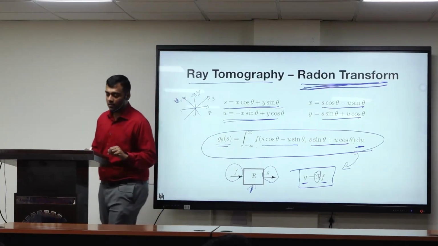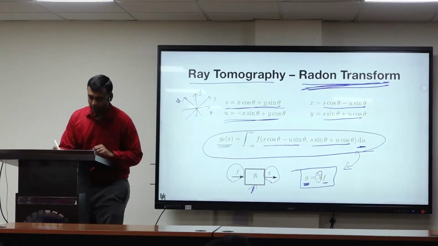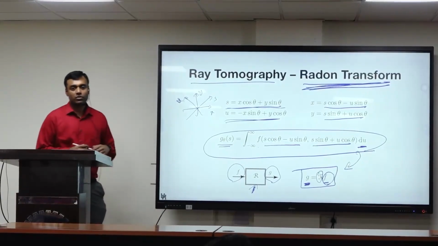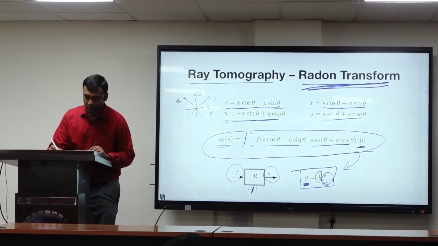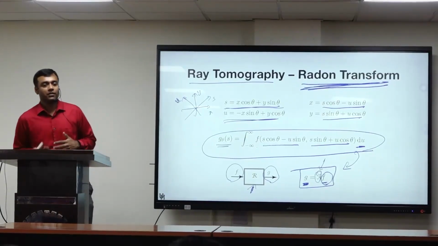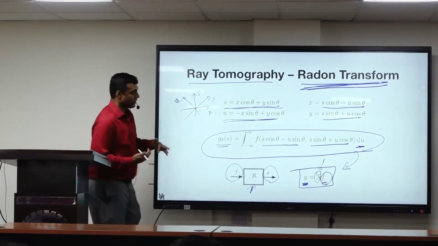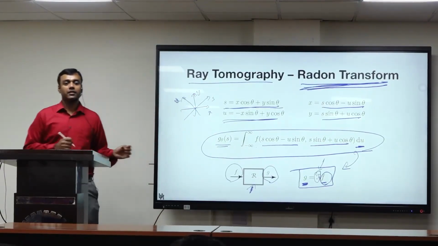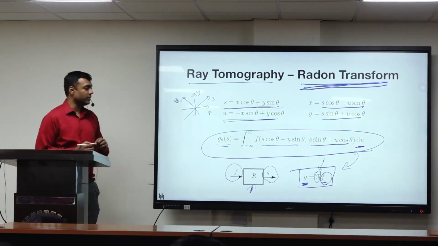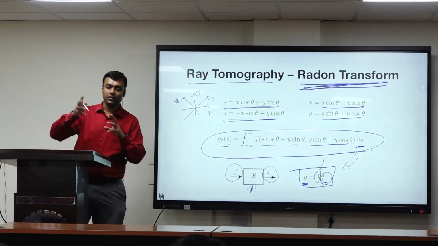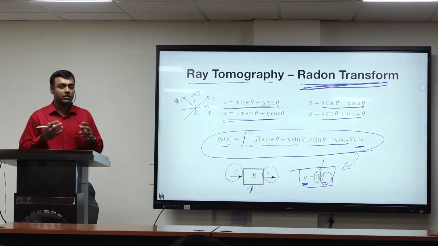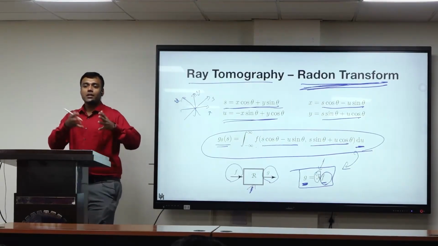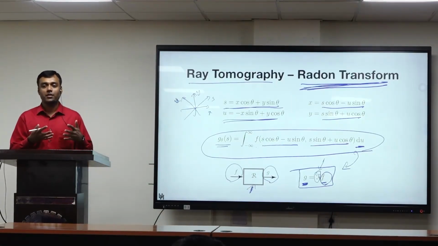So the question then is, if you record the data, can you find F from G? Because we know R, there must be a way to do some kind of inversion and get to the other side, right? Get F from G. This is a general principle in a lot of imaging systems: you have a sample and you want to find its properties.